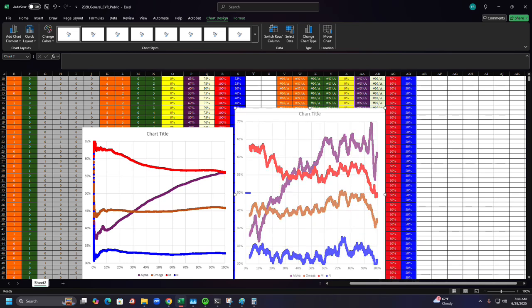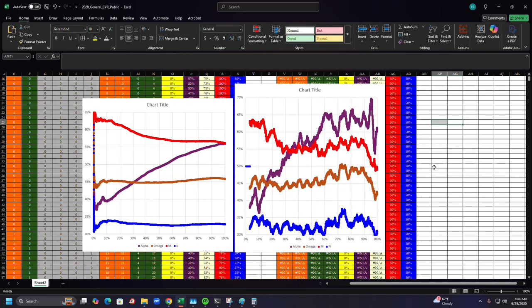What you're seeing here is Trump going from 35% of the batches to 65, sometimes 75% of the batch at the end of the election. Because that's actually what it takes to make a cumulative percentage move over time. The more ballots that are cast, the harder it is to actually perturb a cumulative percentage.